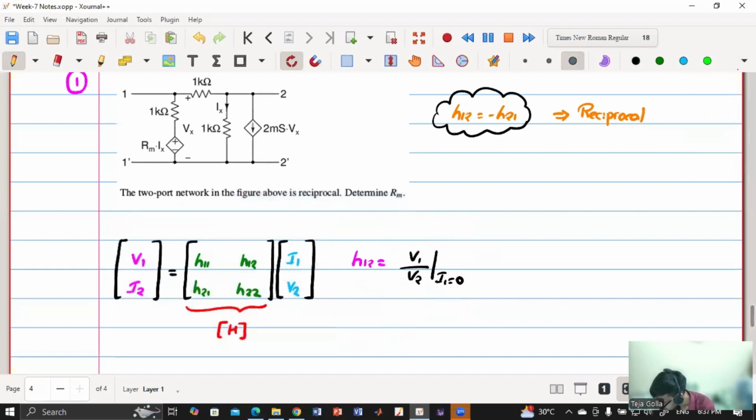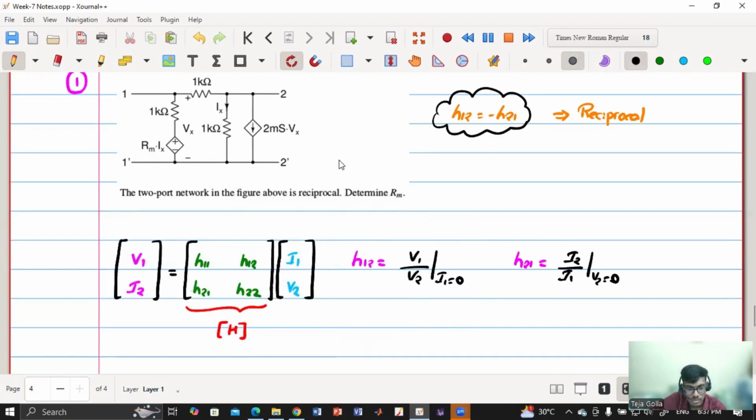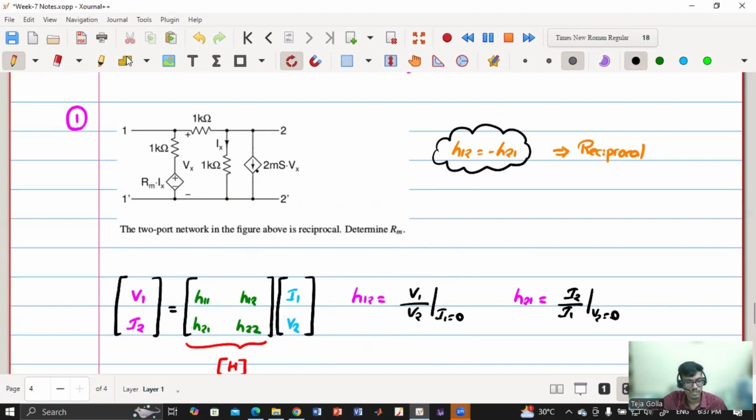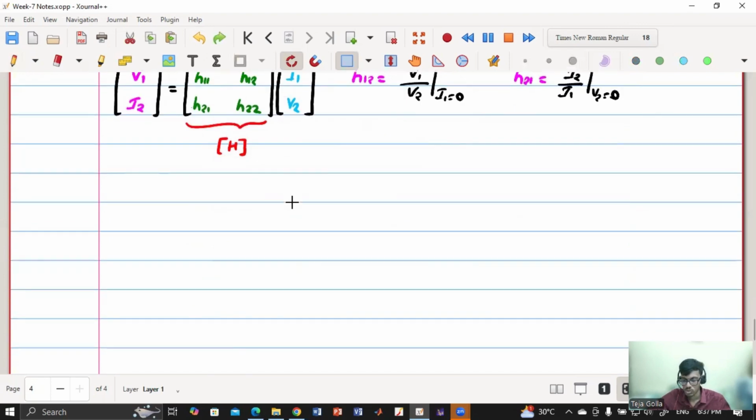And similarly, my H21 is I2 by I1 when V2 equals 0. So first I will calculate H12, then I'll calculate H21, and then we'll use this expression. Okay, so first, let us solve H12.